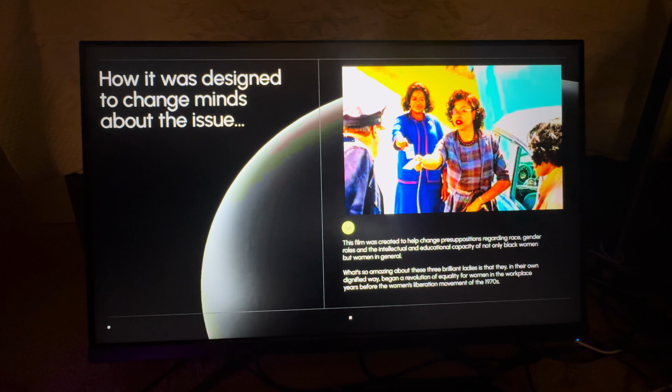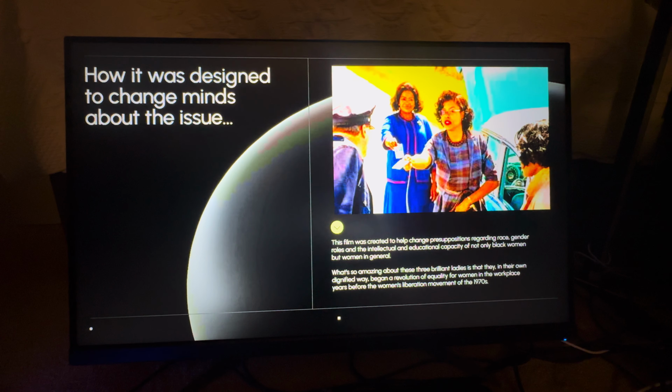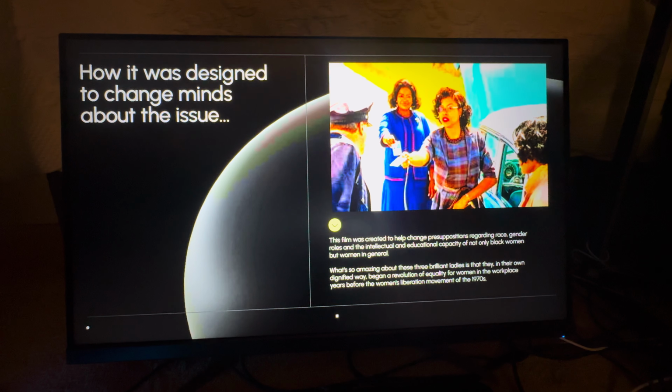This is basically the last slide: how it was designed to change minds about the issue. The film was created to help change presuppositions regarding race, gender roles, and the intellectual and educational capacity of not only Black women, but women in general.